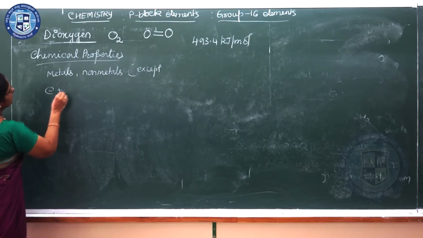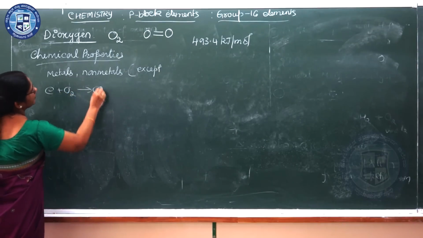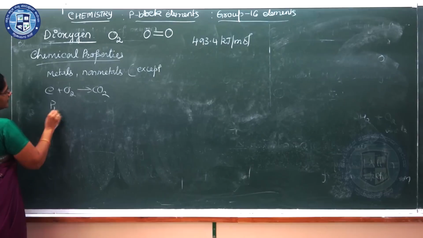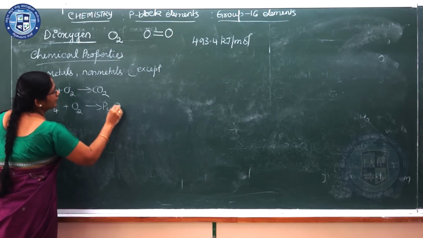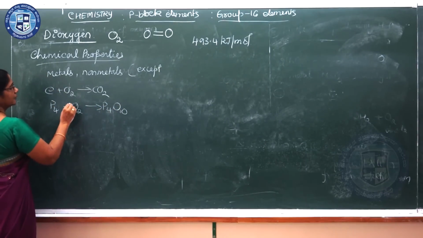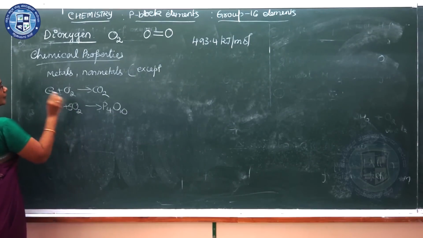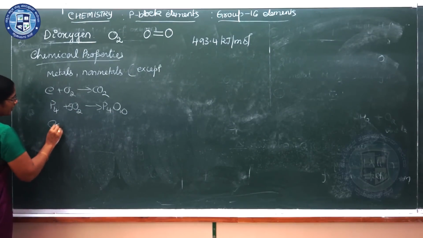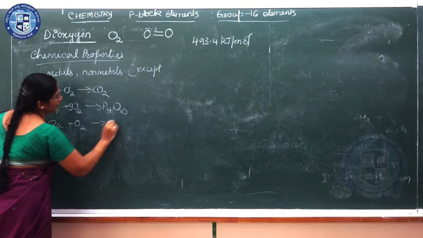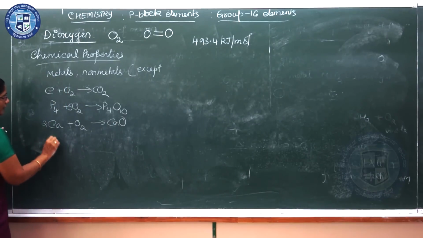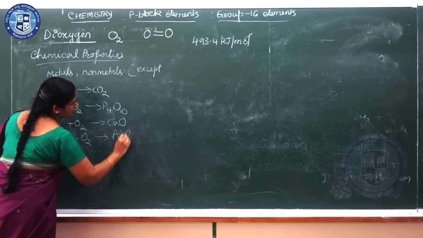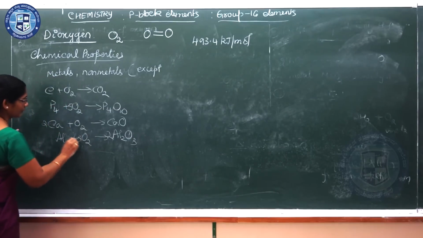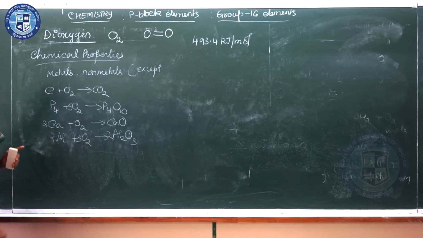So combustion delta H we always write negative. Carbon burns in oxygen and gives carbon dioxide. Phosphorus burns in oxygen to give phosphorus pentoxide. Then calcium burns in oxygen to give calcium oxide. Aluminium burns in oxygen to give aluminium oxide.